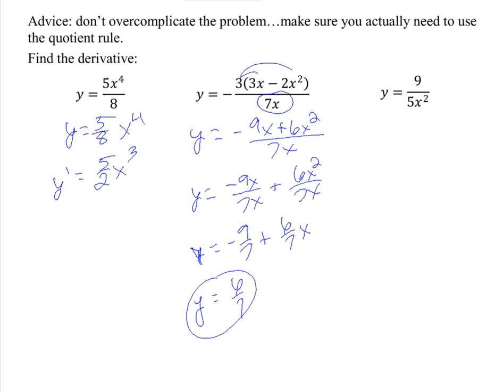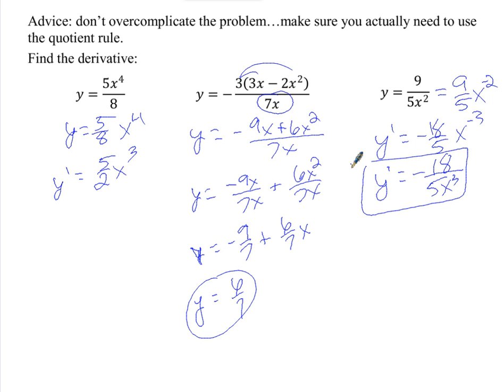For the last one, I also want to rewrite this as what? Times x to the negative second power, that's right. So now we can take the derivative, y prime equals negative 18/5 x to the negative third, which becomes y prime equals 5x to the third.